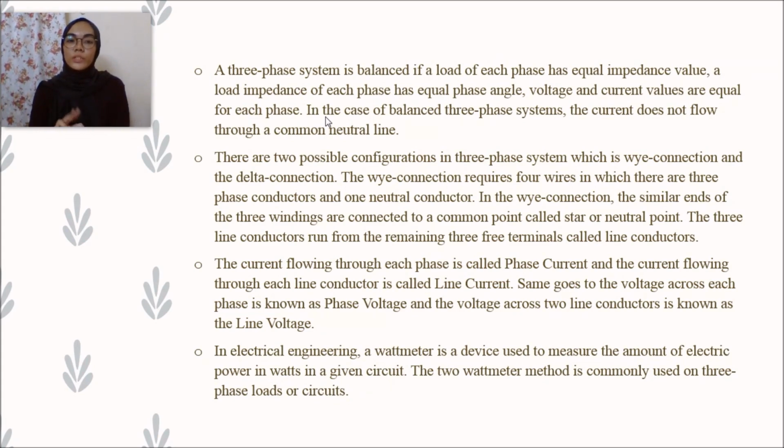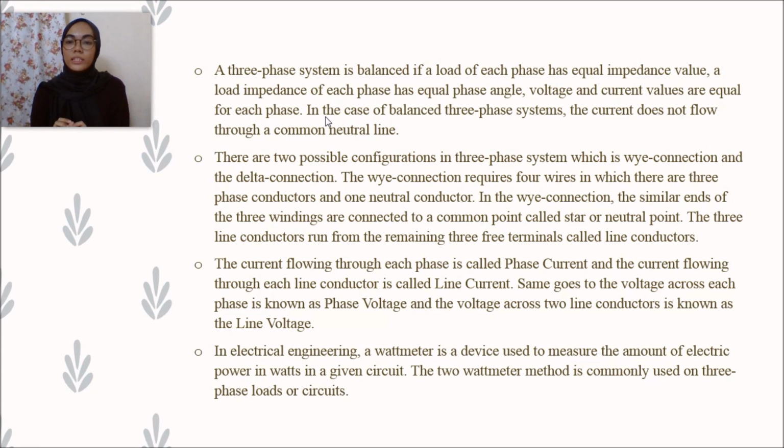There are two possible configurations in a three-phase system, which are wye connection and delta connection. The wye connection requires four wires, in which there are three phase conductors and one neutral conductor.